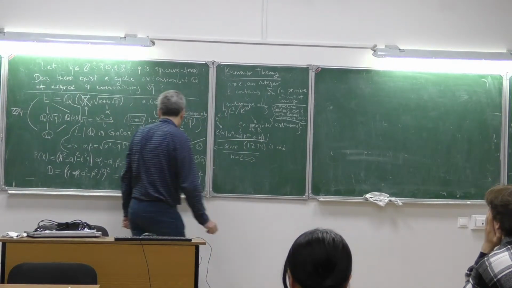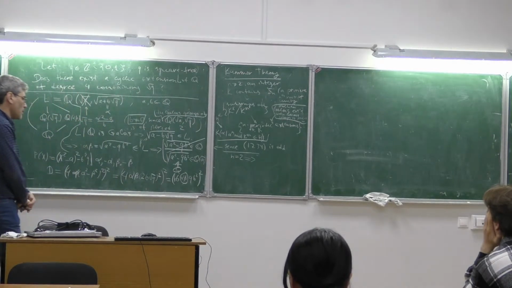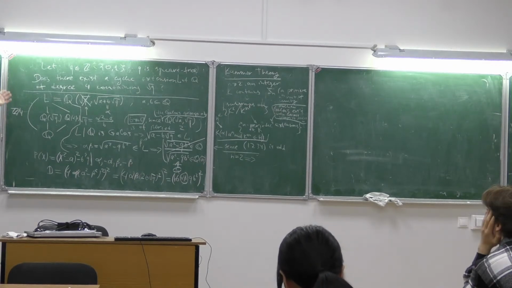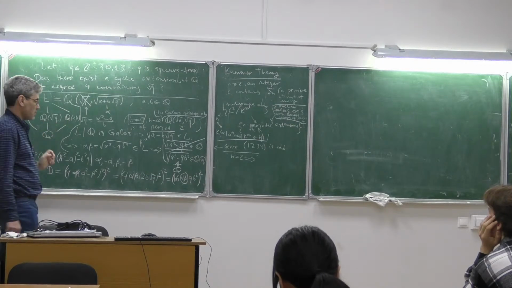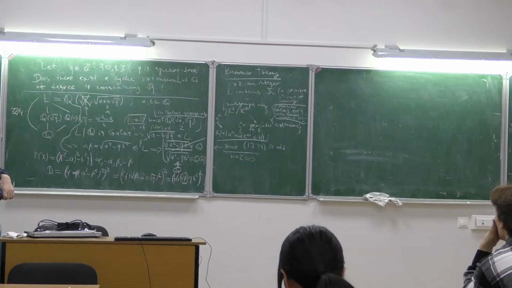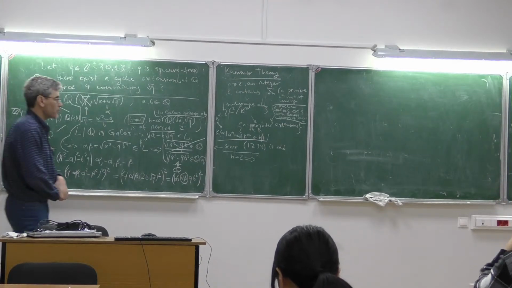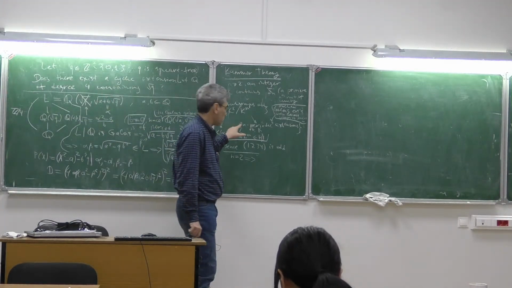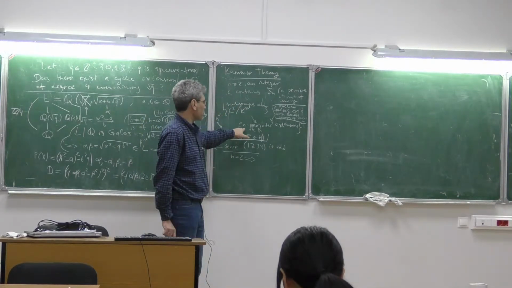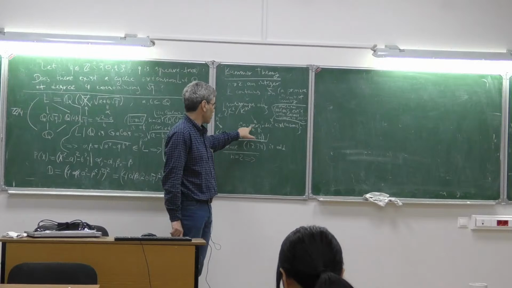So what does this mean? Where is this subgroup? Here, here, and here. Why does n equal 2 in our case? Because we consider quadratic extensions, two periodic extensions.